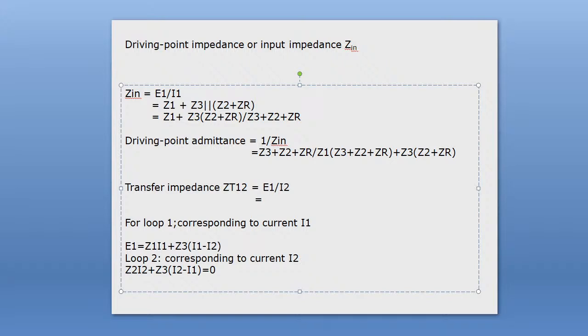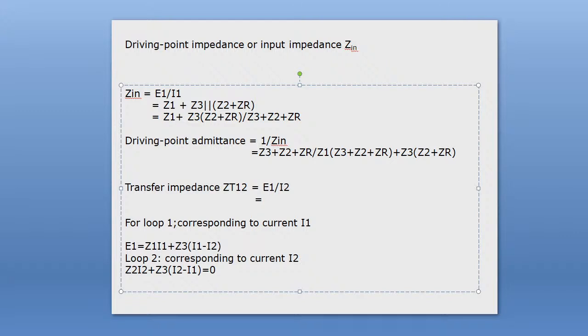So we can write Z2 I2 plus Z3 I2 minus Z3 I1 equal to 0.